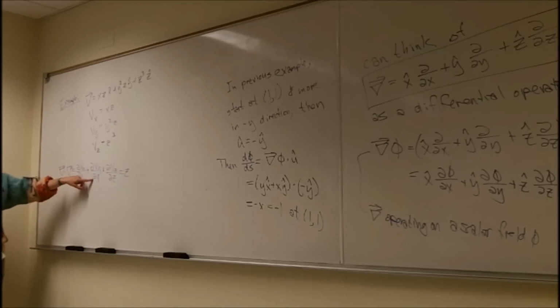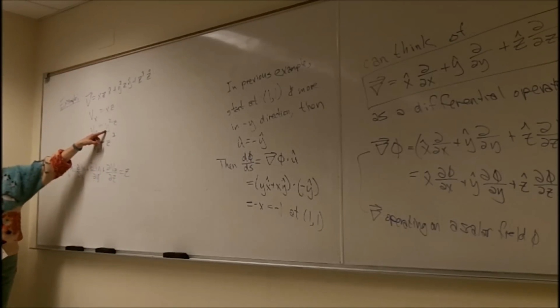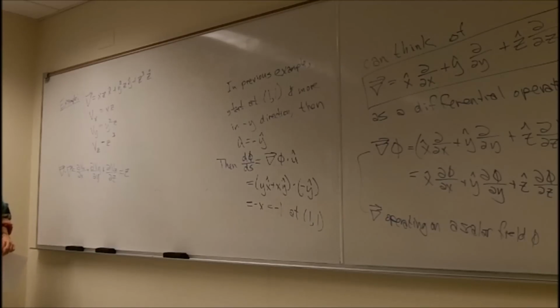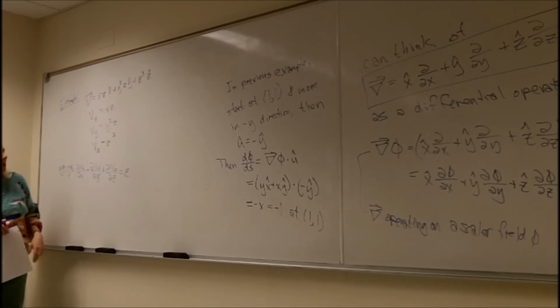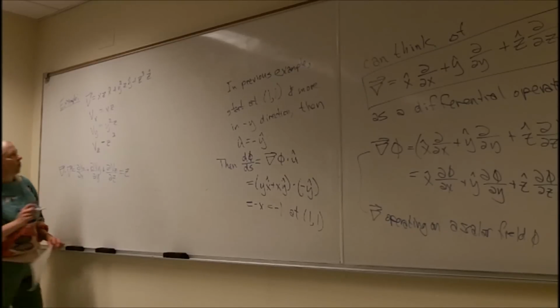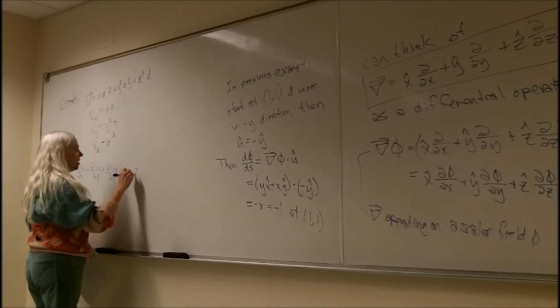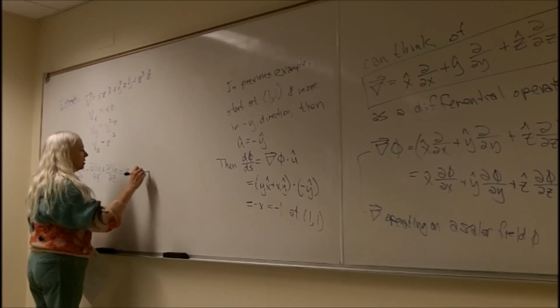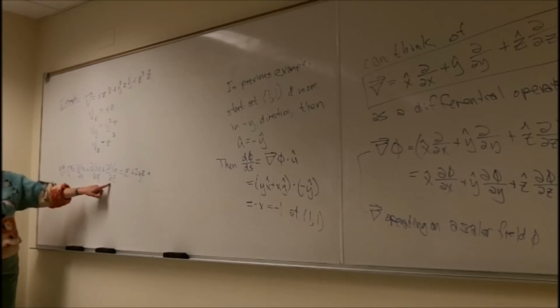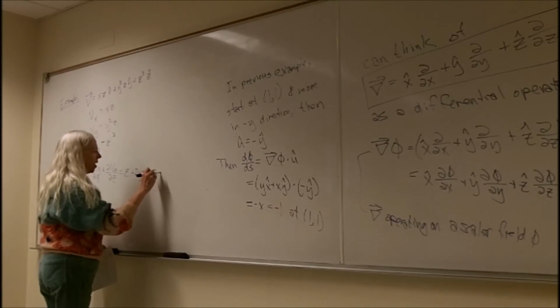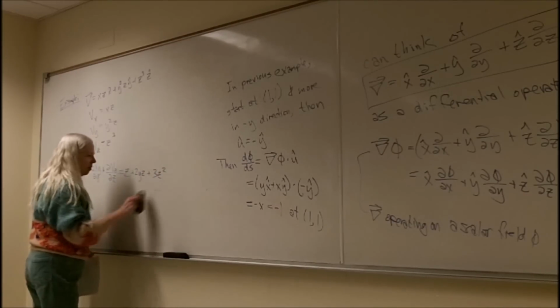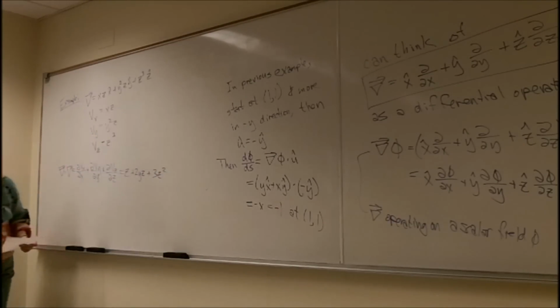The derivative of vy with respect to y, and of course it's a partial derivative, so I just treat z like a constant when I do that. That will give me 2yz. And the derivative of v sub z with respect to z, that'll give me 3z squared. Okay, so that's the divergence of that function.